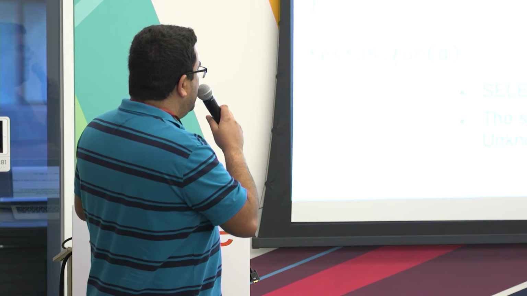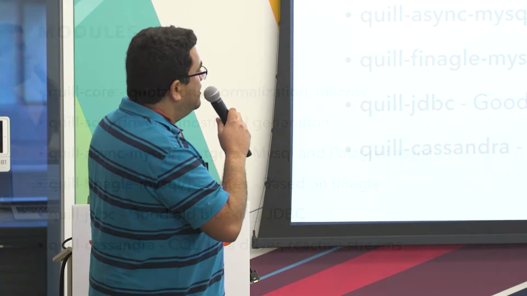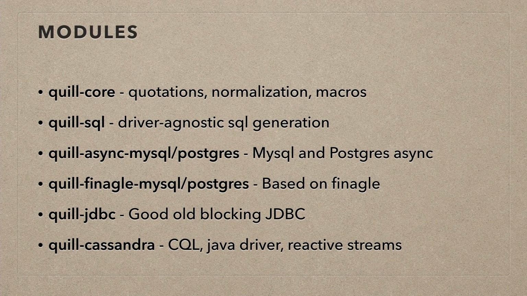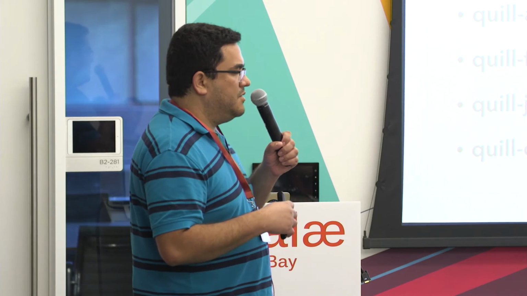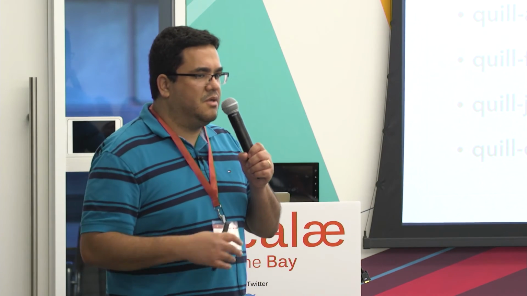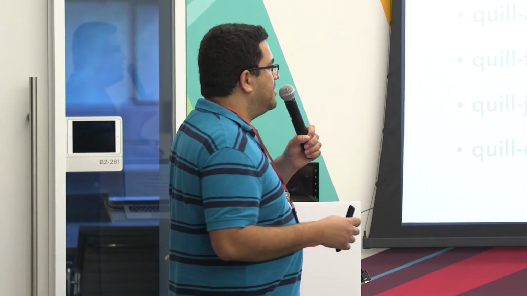Cool. And just to give you an overview of what we have now. We have a few modules. There is Quill core that has the quotation, implementation, normalization engine, and all the macros. And this core is agnostic to the target language or drivers or anything like that.